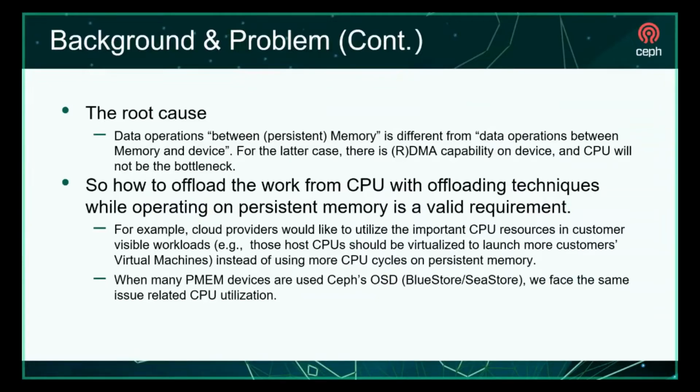So we think about how we can offload some work from CPU with some hardware offloading techniques. And we think this is a valid requirement, especially for those cloud providers in hyper-converged infrastructure usage mode. It means HCI mode.